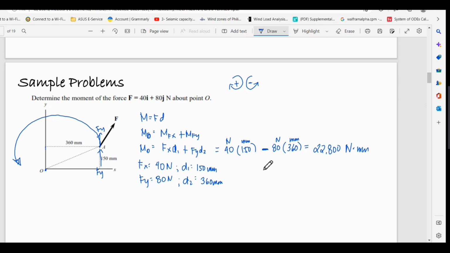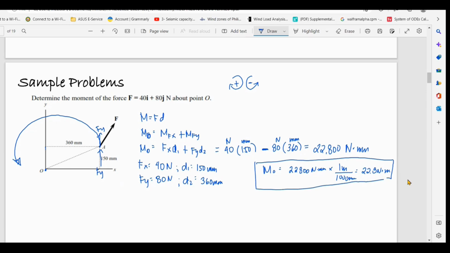Or, if you want to express it in Newton dot meter, okay, 22,800 Newton dot millimeter. So, this is just equal to, this one is 1,000 millimeter per 1 meter, and we have 22.8 Newton meter. Okay? So, this will be the final answer. The moment about point O is 22.8 Newton meter.